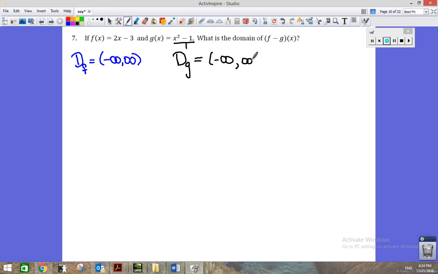So to be in the intersection, to find the domain of f minus g, you have to be a member of both sets. Well, all the numbers are in both sets. You probably don't even have to draw the picture, but sometimes that helps.